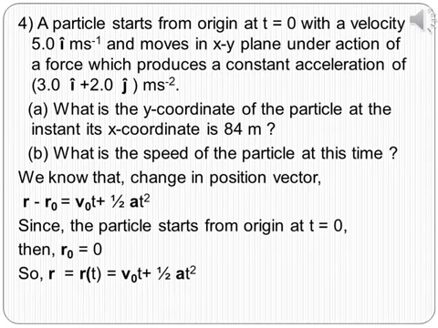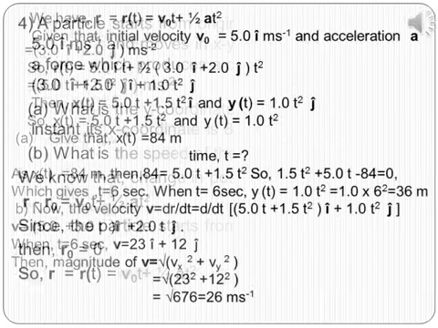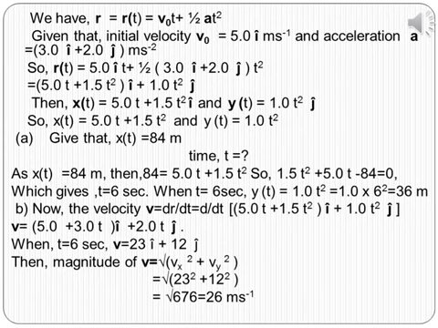Then the expression becomes r(t) is equal to v0t plus half at square, given that initial velocity v0 is equal to 5 i cap meter per second and acceleration a is equal to 3 i cap plus 2 j cap meter per second square.